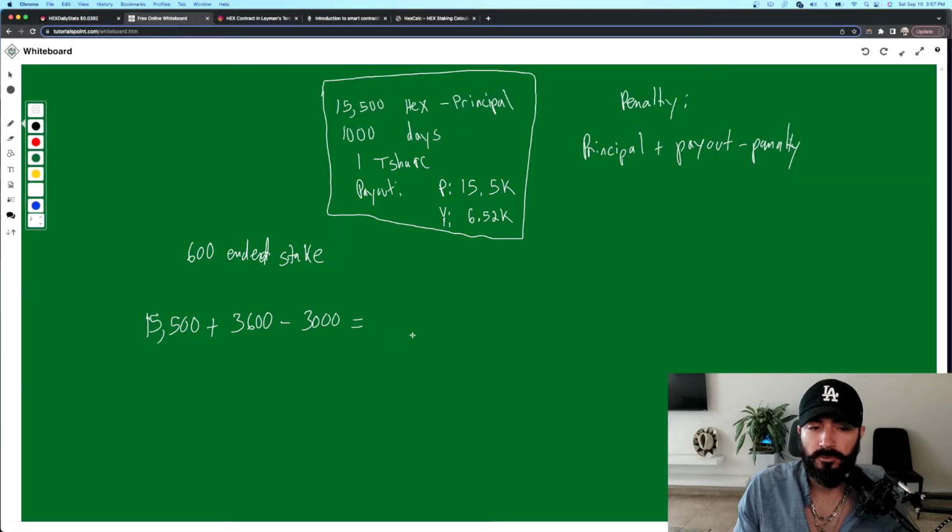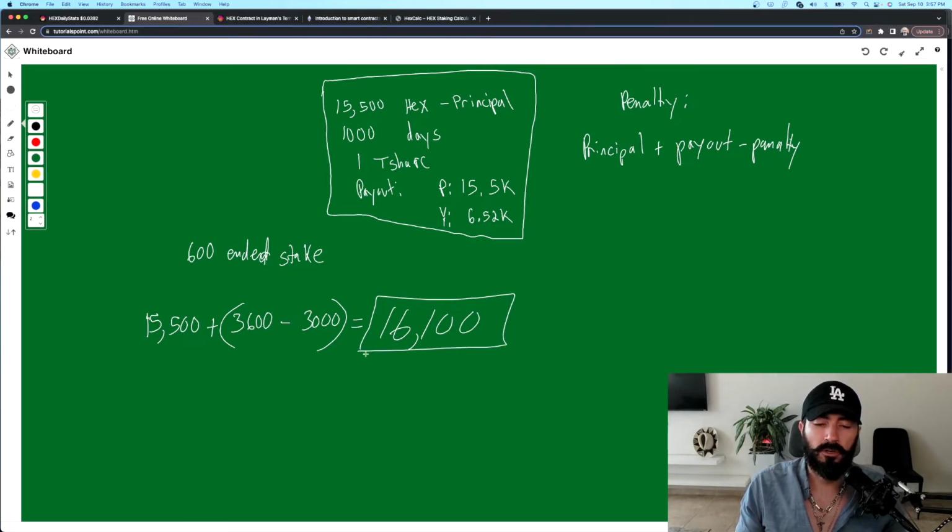That's super easy to solve for because you just do 15,500 plus the difference, which is 600, so it'd be 16,100. That would be your payout when you ended at day 600.